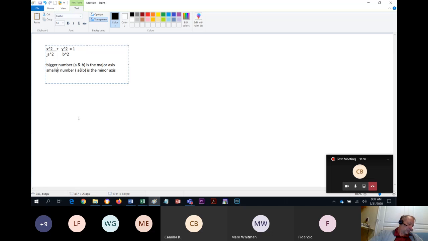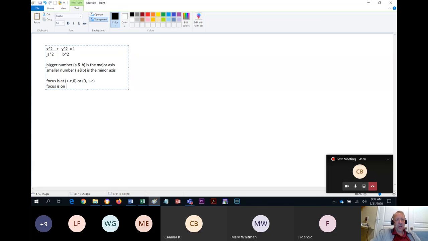So, here's the other thing that I'm going to do that's a little bit different than the book. Your focus is at either plus or minus C, 0, or 0, plus or minus C. It depends.